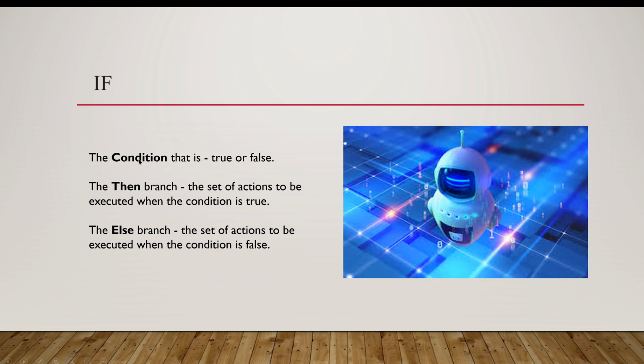Understood? Simple. We are supposed to provide the condition, and based on the output we provide the activities we want to perform in the then branch if the condition is true, and in the else branch if the condition is false.